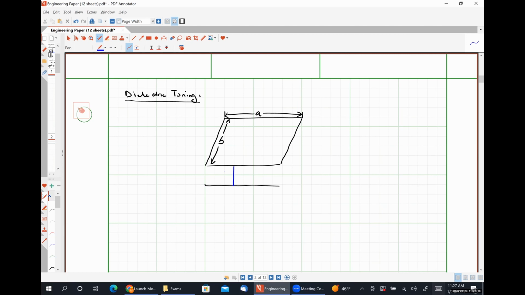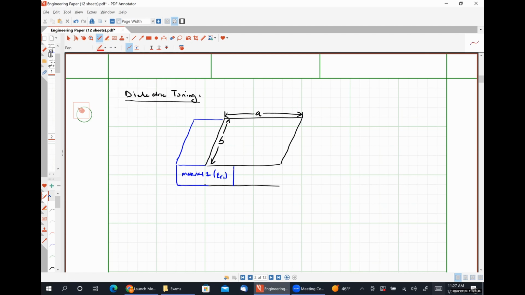So everything to the left of this is material 1, which has some particular relative permittivity.